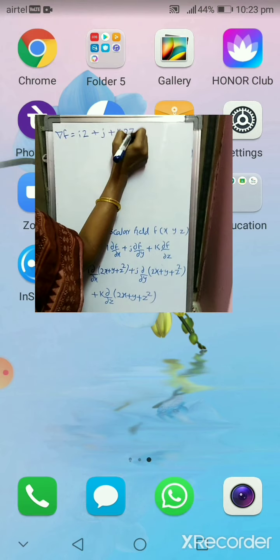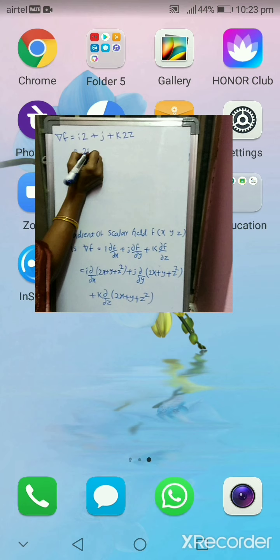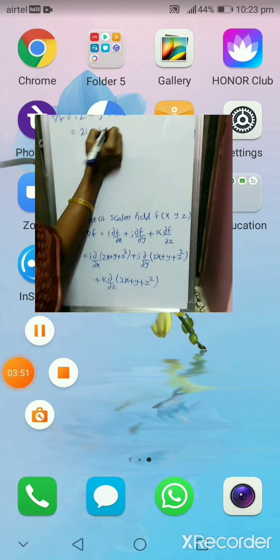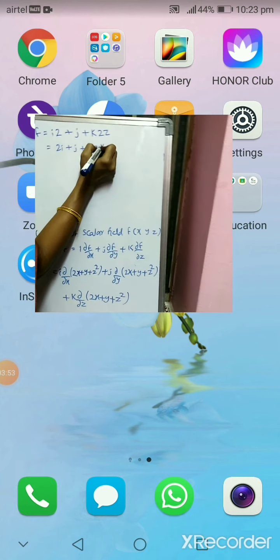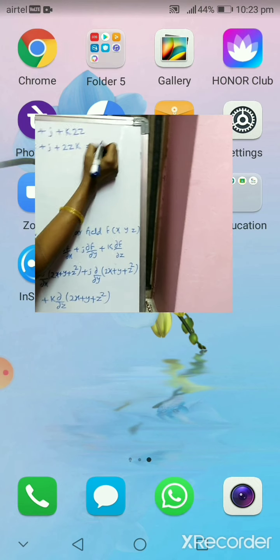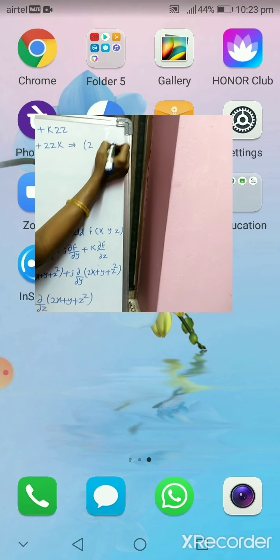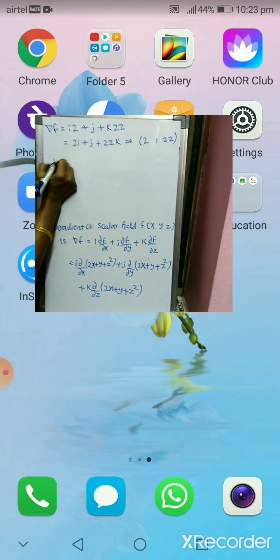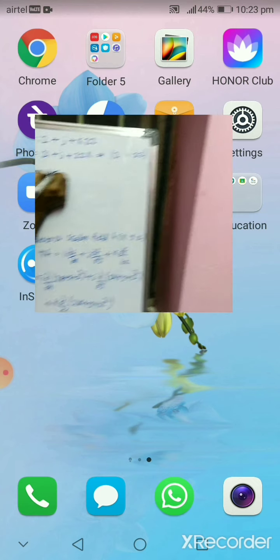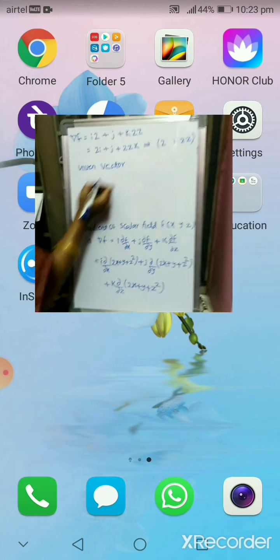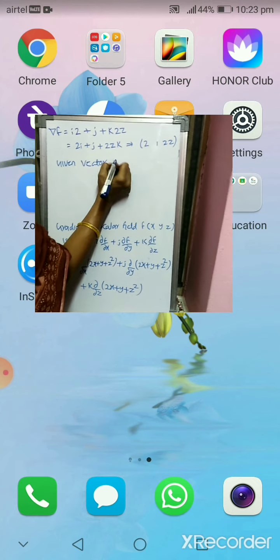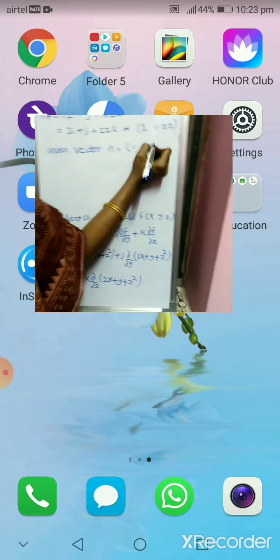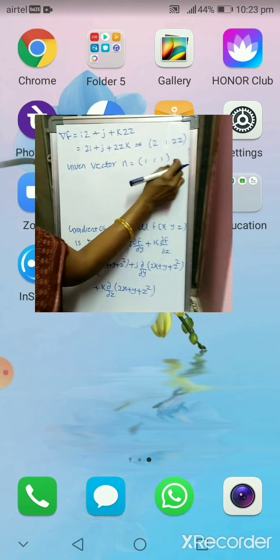So that is 2i plus j plus 2zk, or we can write it as (2, 1, 2z). Both are the same. So the given vector n is equal to 1 1 1, that is i plus j plus k.